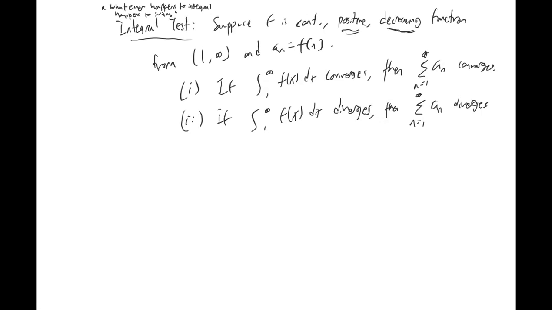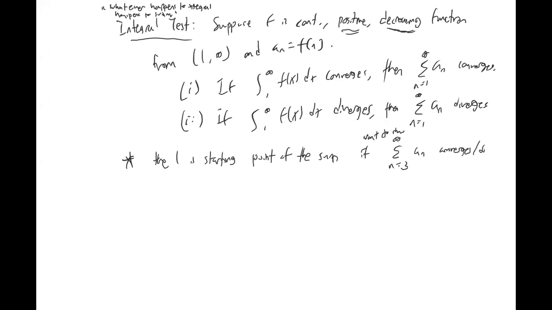So let me just tell two things. The one is the starting point of the sum. So for example, if you wanted to show sum n equals 3 to infinity converges or diverges, then you would do the integral from 3 to infinity.